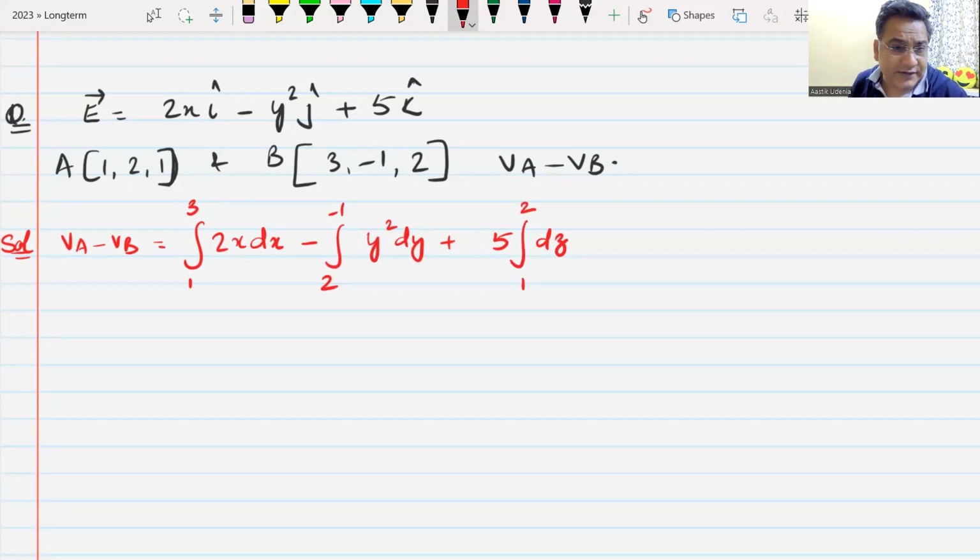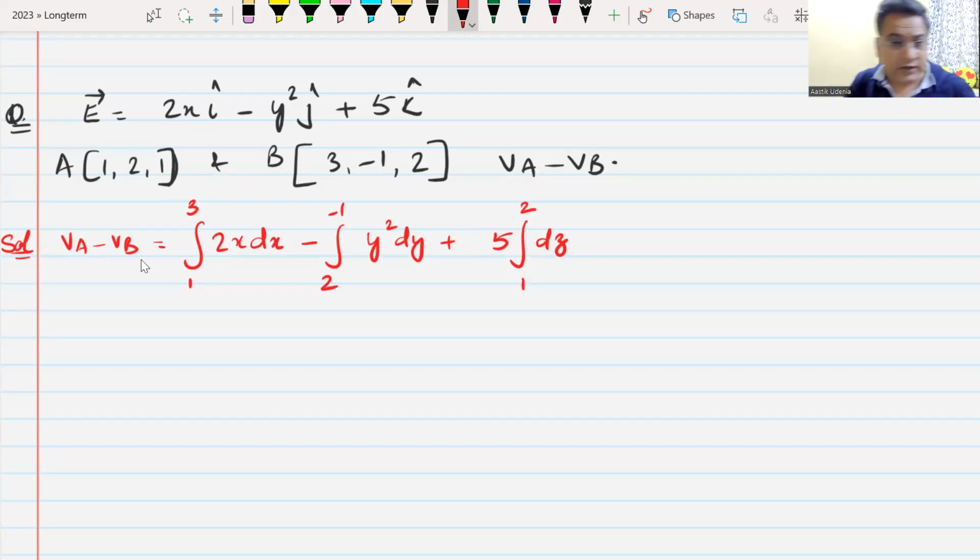You can integrate this, you can put the values and understand. Yes or no? We have understood this, yes or no?